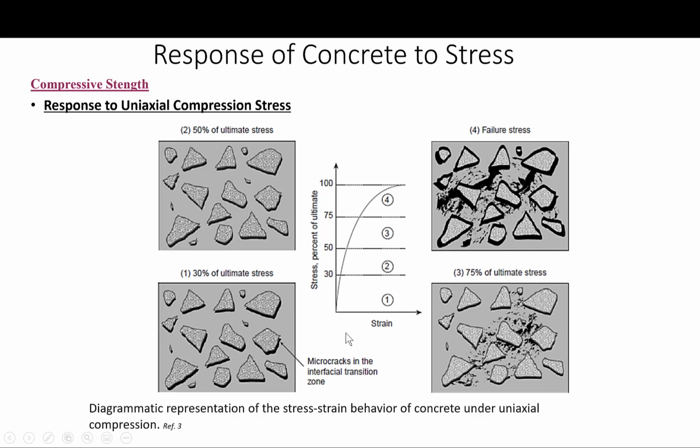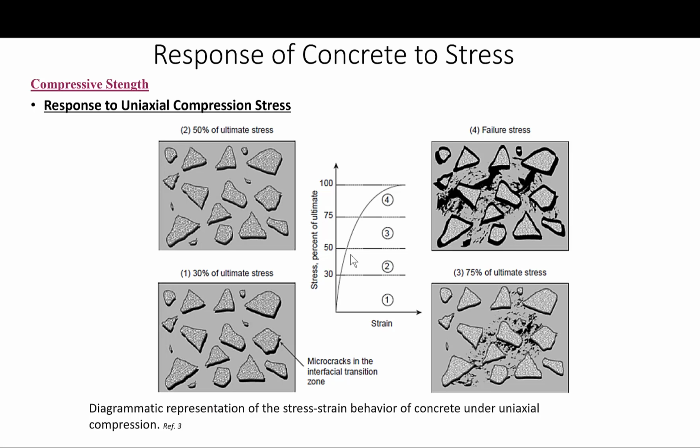Okay, so as I said, above 30% of the ultimate load with increase in stress, the interfacial transition zone microcracks begin to increase in length, width, and number. Okay, this is basically going to be stage 2 right here. Okay, so the stress-strain ratio increases and the curve begins to deviate appreciably from a straight line, as you can see here. All right.